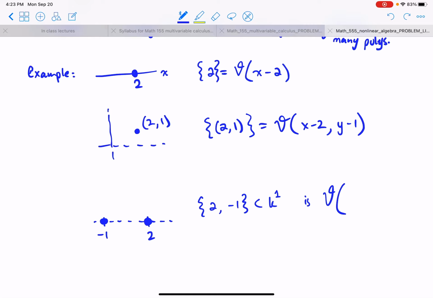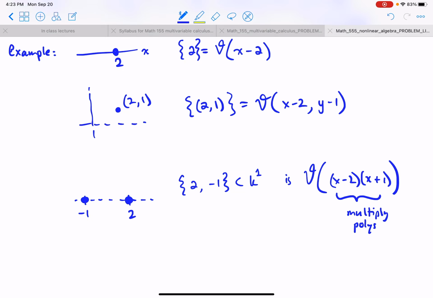If I take the polynomial x minus 2 times x plus 1, so I'm multiplying these polynomials, then you can check that in order for this to vanish, either x has to be equal to 2 or x has to be equal to -1.